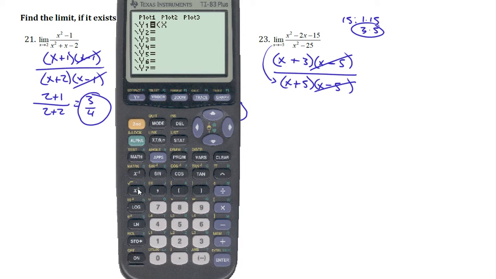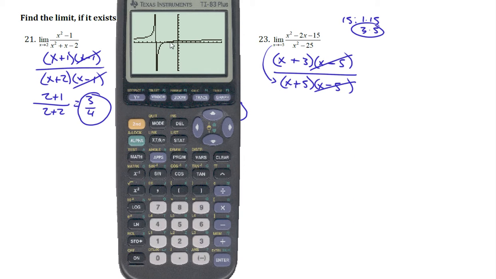So x squared, all in parentheses, minus 2x minus 15, parentheses, divide by parentheses, all of the bottom, x squared minus 25. Okay, and then we go to graph that, and we should be able to get a good idea of what's going on here at -5, right?